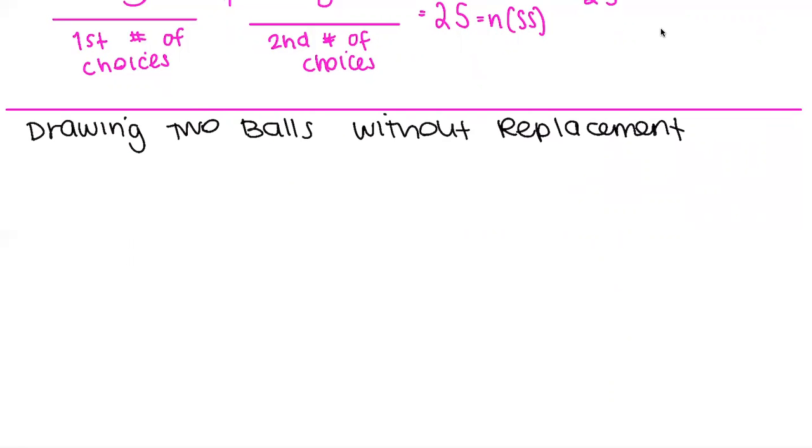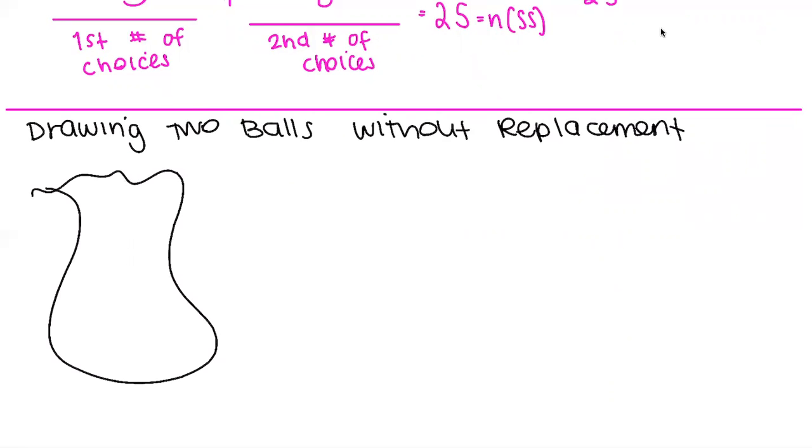Still the same scenario. Here's our fabulous bag. We have 2 red balls in there and 3 blue. They're all still the same size, shape, and weight, so we can't distinguish that way. It's just their color. But without replacement, we still have 2 options for the first part.